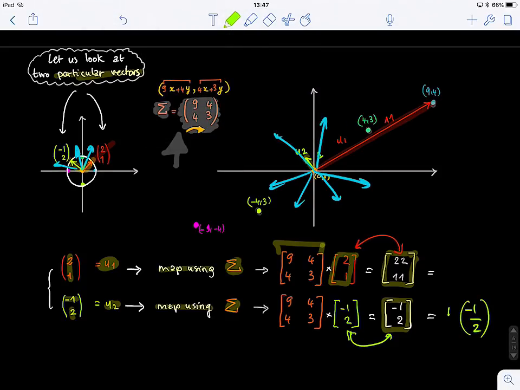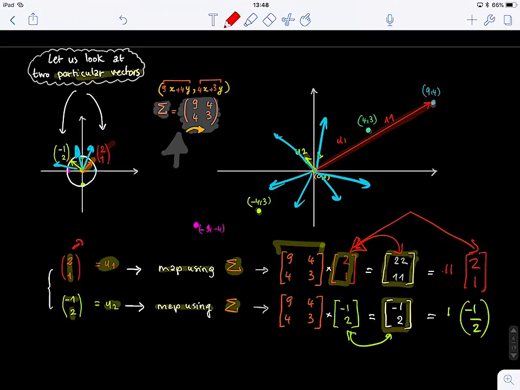For the other one, we just scaled the vector by 11, so 11 times (2, 1). What we did is just scale the vector. These two vectors remain almost unchanged by the covariance matrix, and in mathematics we call them eigenvectors.